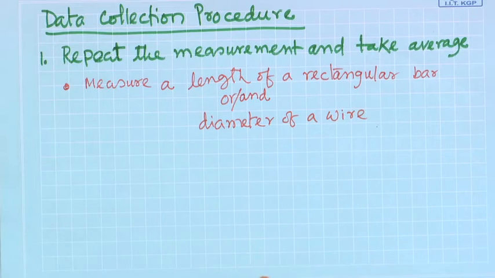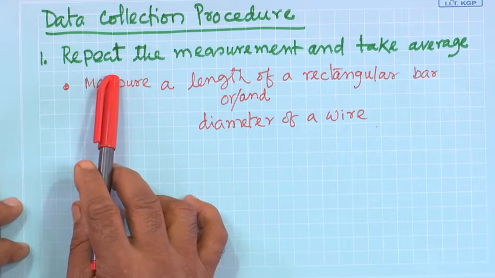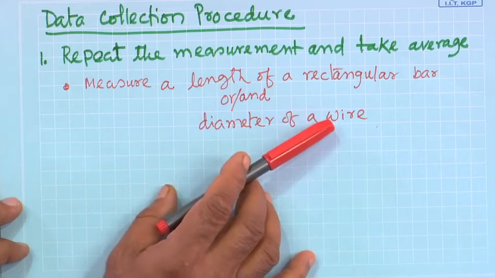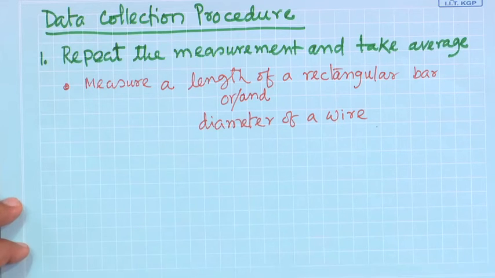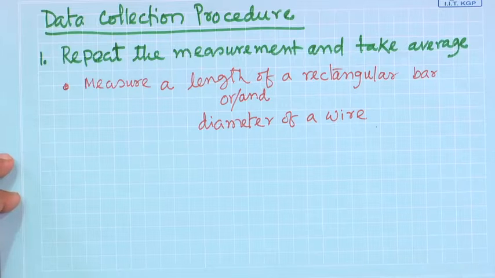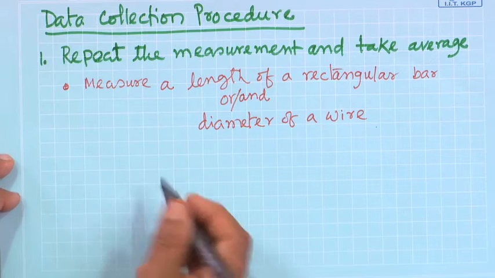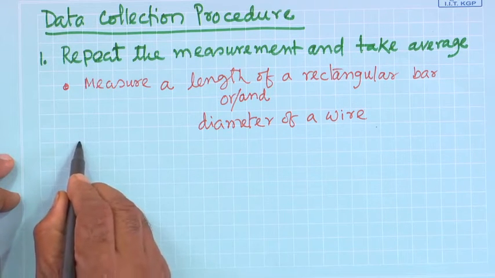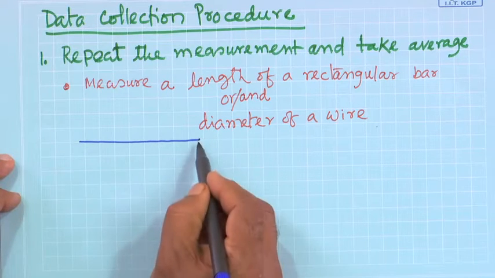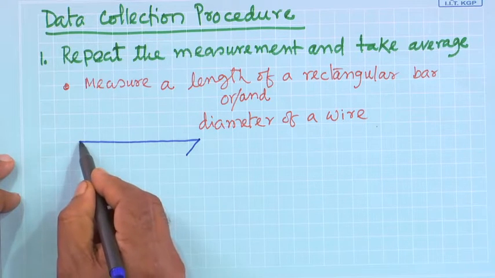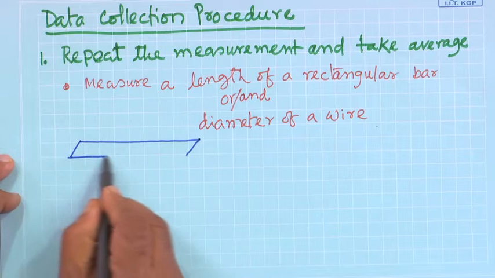This is just one example. There you should repeat the measurement and take the average, when you are going to measure the diameter of a wire or the length of a rectangular bar. Rectangular bar means this kind of bar we are taking.